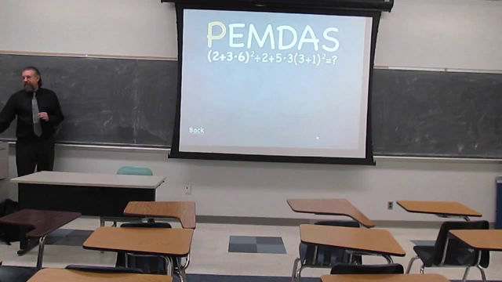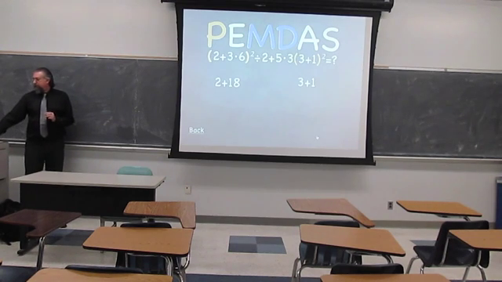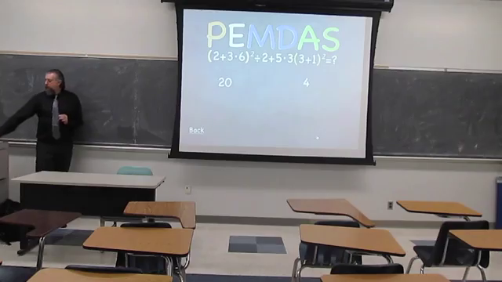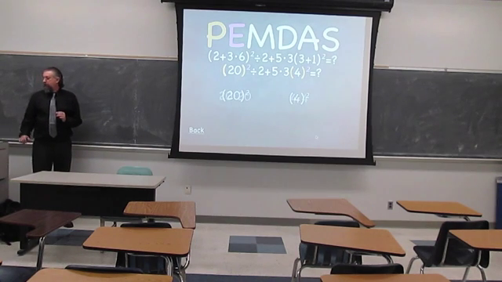So remember, parentheses first. Multiply and divide left to right. Add and subtract. Brings you down to the next step. Again, the parentheses with the exponents. So we multiply out the exponents.